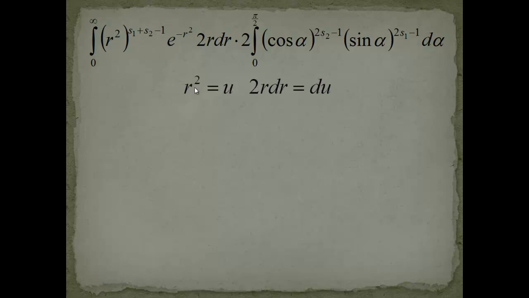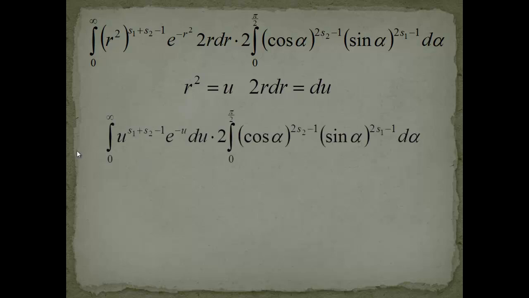I'm saying that r squared is equal to u. Again, it's another dummy variable u, not the u that we used before. If I differentiate this implicitly, first differentiating normally, I get 2r, and we have to multiply by dr here and du here. I'm just using that, and the boundaries do not change. We still have from 0 to infinity.